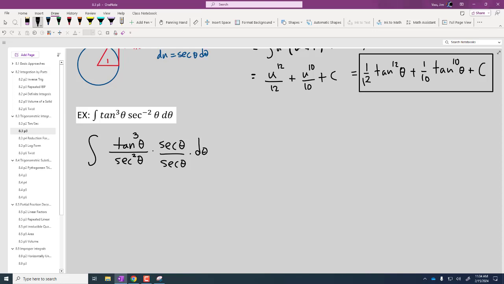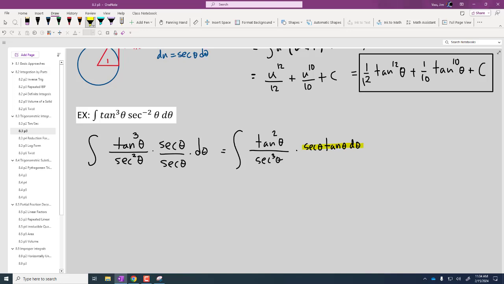So tan is to an odd power. We're going to pull off a secant tangent and convert the leftovers. And by leftovers, we mean convert these tangent squareds right here. So this is where we're at after we pull off a secant tangent. That secant tangent is pulled off, grouped with the differential.